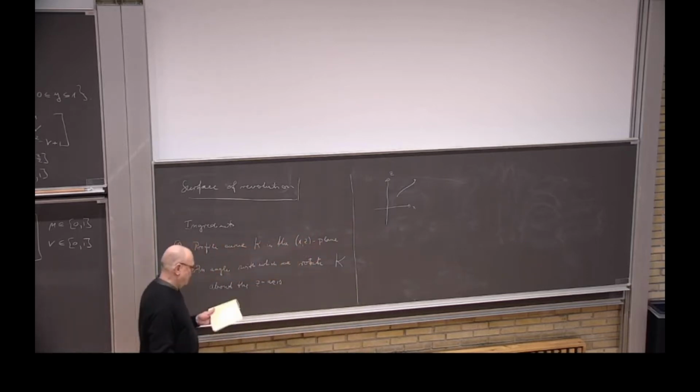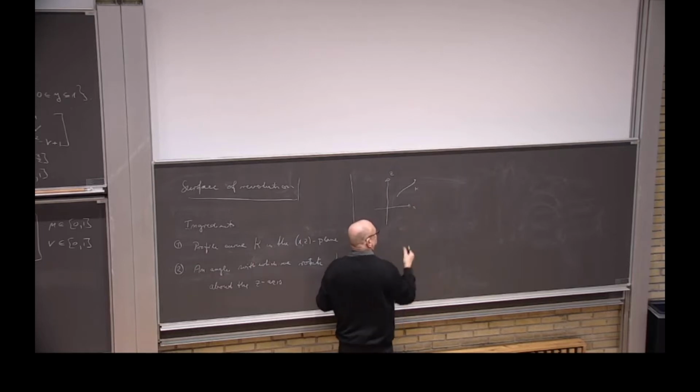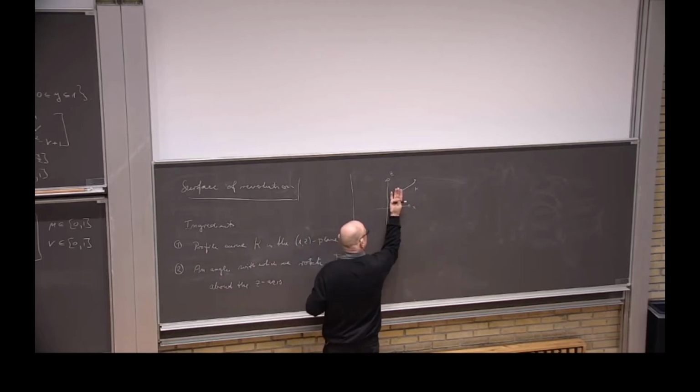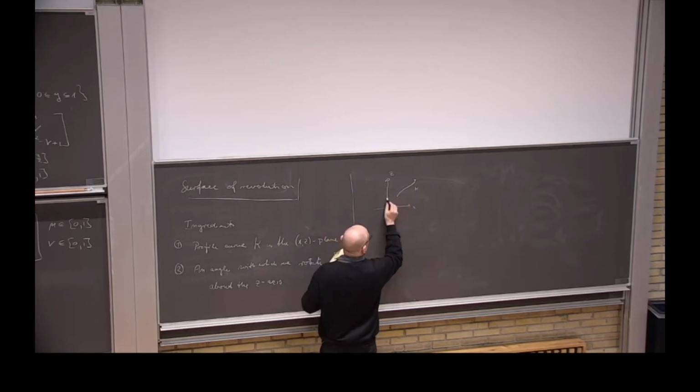So this is my curve K, and then I take this curve here and I rotate it around the z-axis, or in fact, I do it the other way around. That should be the correct thing. And what you get out of it is this surface of revolution.